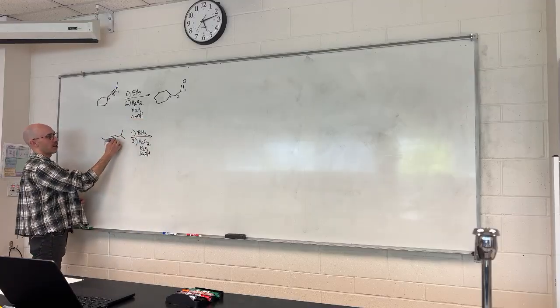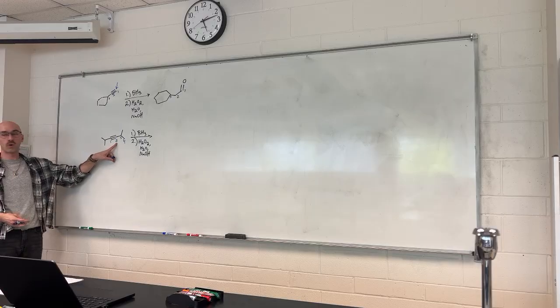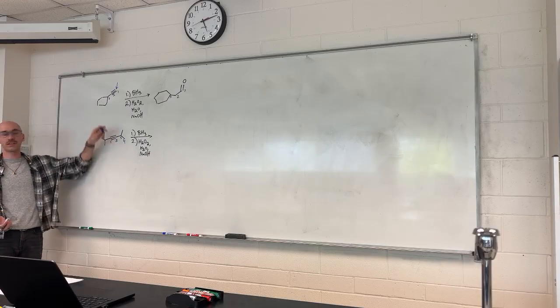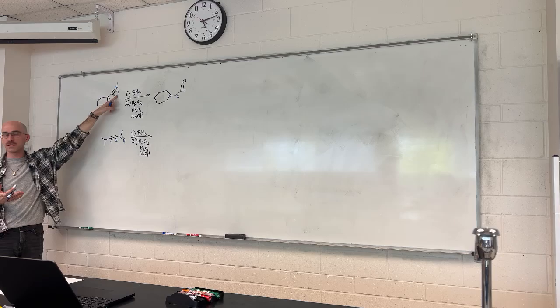One of these carbons becomes the carbonyl and one gets the 2 hydrogens. Earlier, I was specific about it. The terminal carbon gets the carbonyl because I need to form an aldehyde. Here, it doesn't really matter.